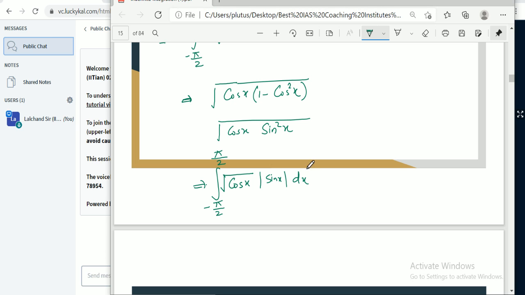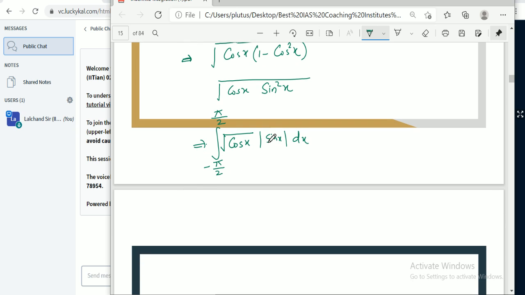Now we need to open this mod according to sign. So we need to break this equation into two parts. So the first part where sin x is negative, that is minus pi by 2 to 0. So we can break this integral into two parts. That is minus pi by 2 to 0, under root cos x, minus sin x dx.